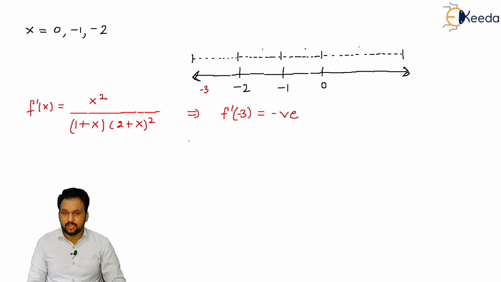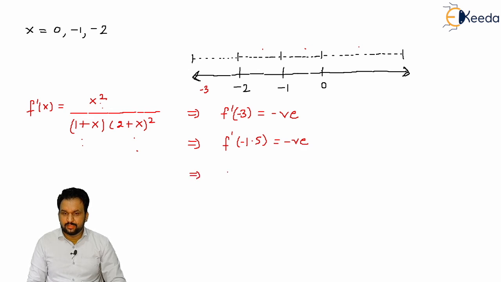Okay. And after that, I'm going to find out minus 2 to minus 1. So you can take minus 1.5 somewhere. It will also give you a negative value, because here you can see minus 1.5 gives a negative. Both squares give positive, but it gives negative, so it will again be negative.